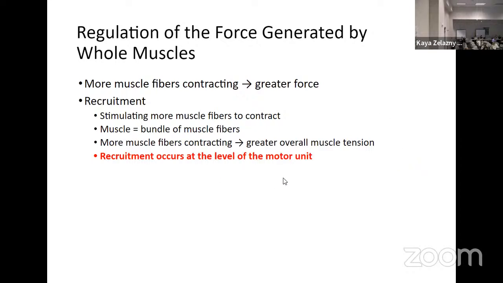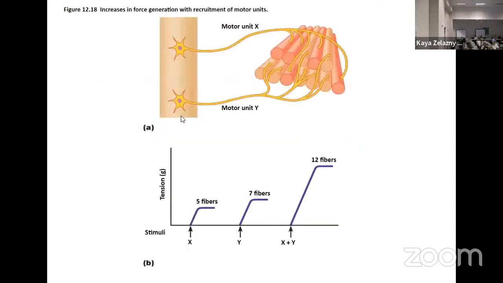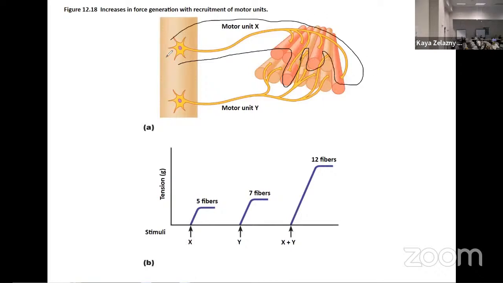And when I say little groups of muscle fibers, each of those groups is a motor unit. So here we see motor units X and Y. Here we see 1, 2, 3, 4, 5 muscle fibers corresponding to motor unit X, right? 7 fibers for motor unit Y. So first, when X fires, we'll contract those 5 fibers.